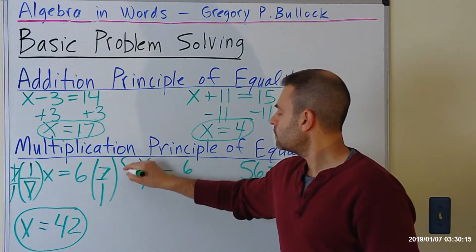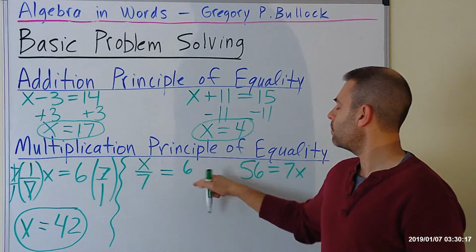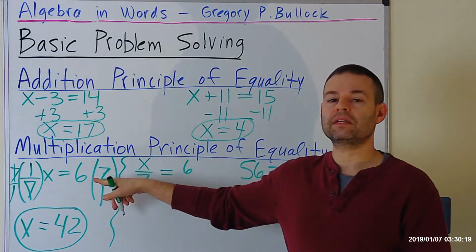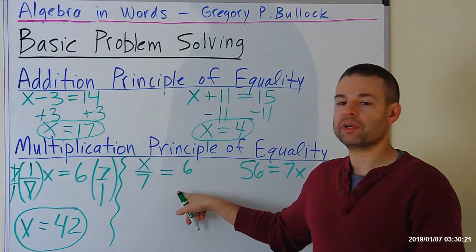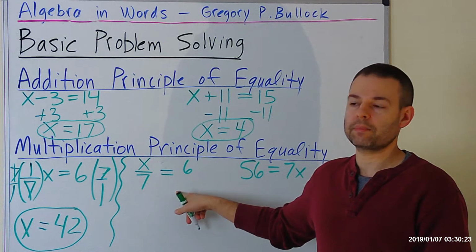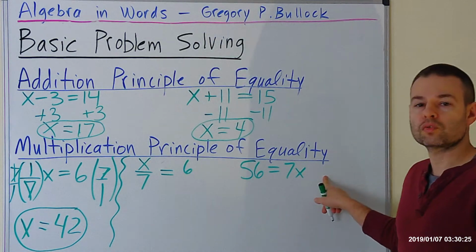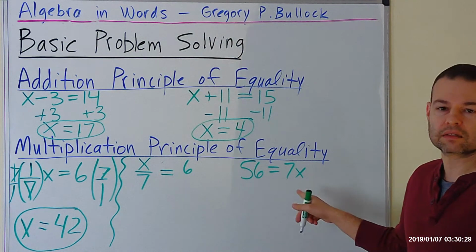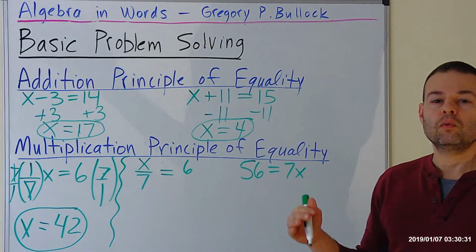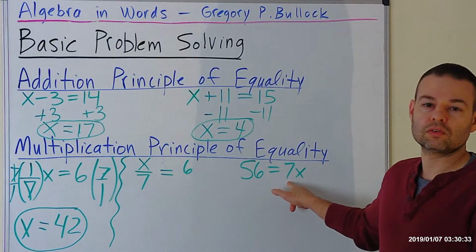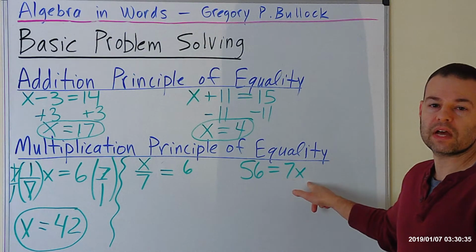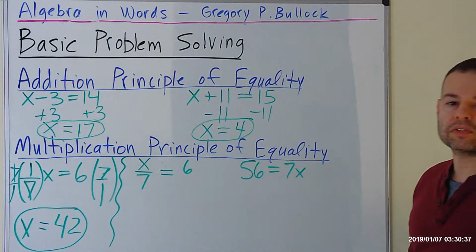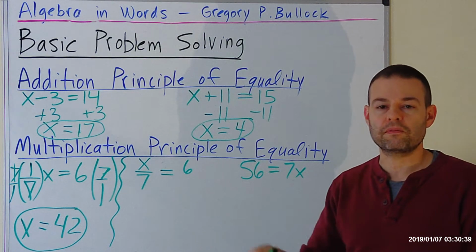Notice that I have the same problem here, essentially, as we had on the left. I'm going to come to that one in a second, because there's a reason why I put that up again. But let's go to this one, where we have 56 is equal to 7x. And again, when you have a coefficient that you need to move or eliminate in front of x, multiply both sides by the reciprocal of the coefficient.